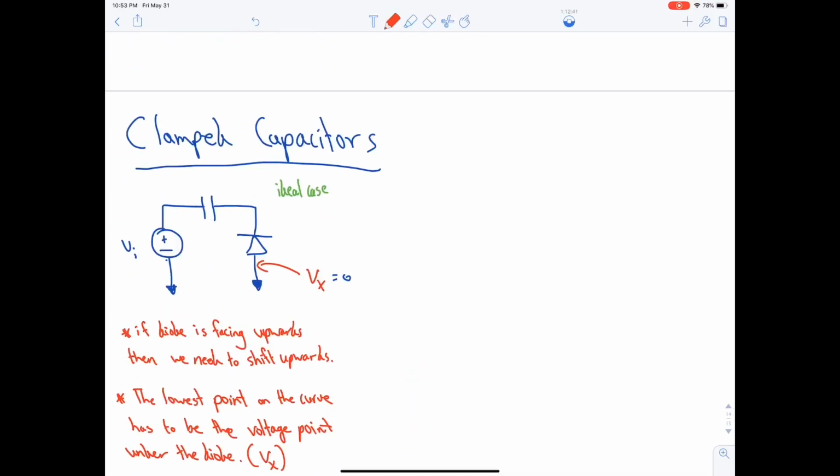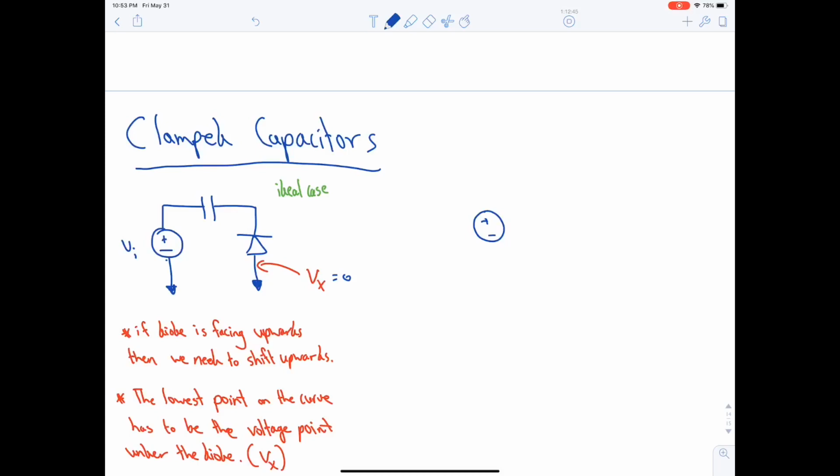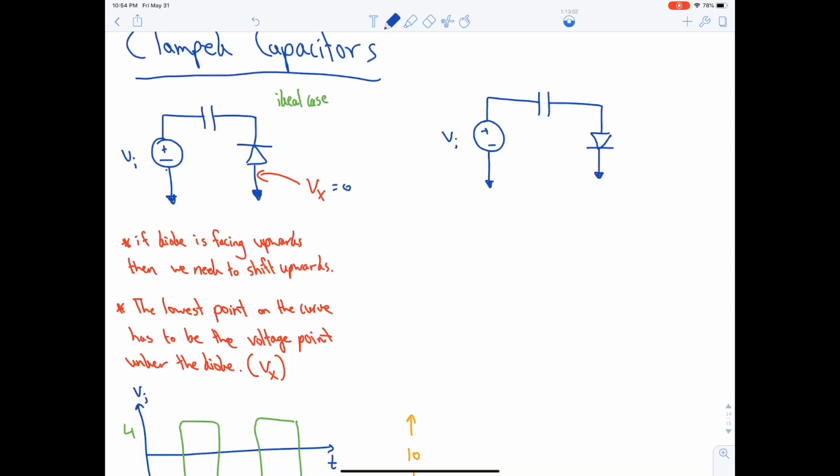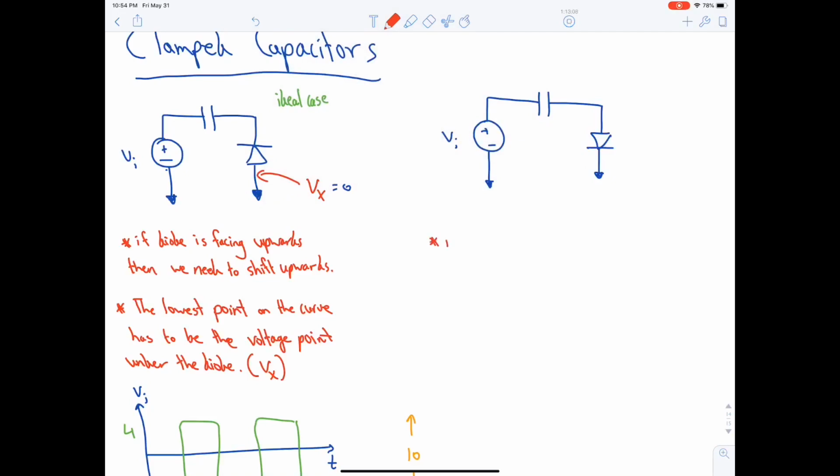Let's take another example. Vi, capacitor, and the diode is facing downwards. This is grounded. So here we have to shift downwards. If the diode is facing downwards, then we need to shift downwards.